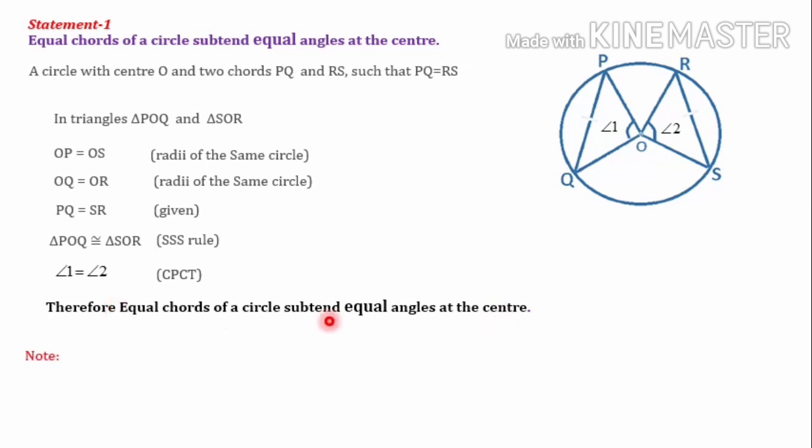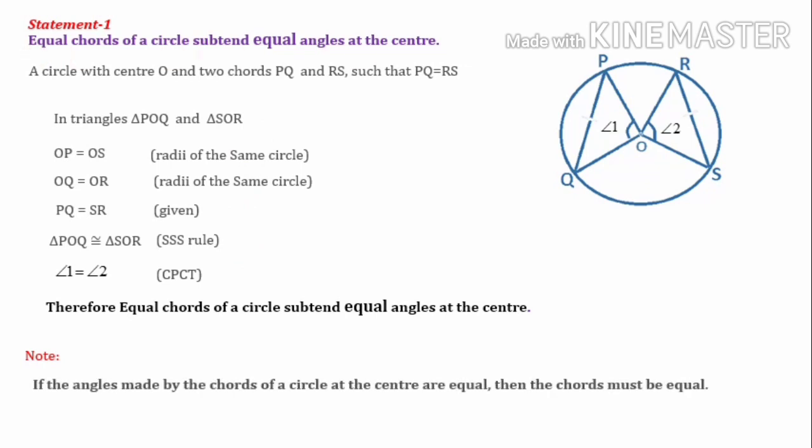This statement and its proof are very important and included in the syllabus. The first result is clear: if the chords are equal, then the angles formed by these chords at the center will also be equal.